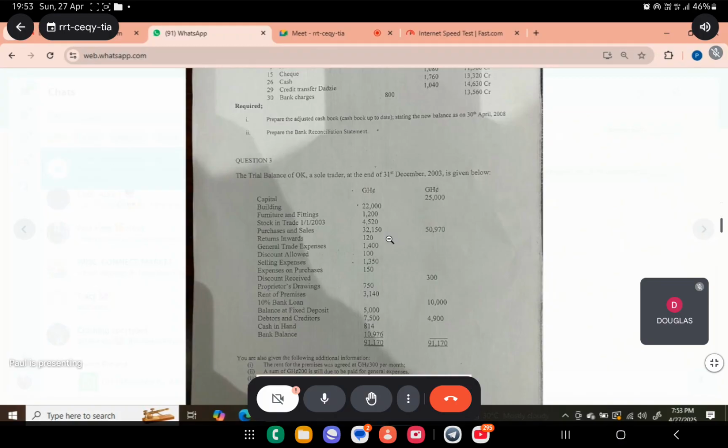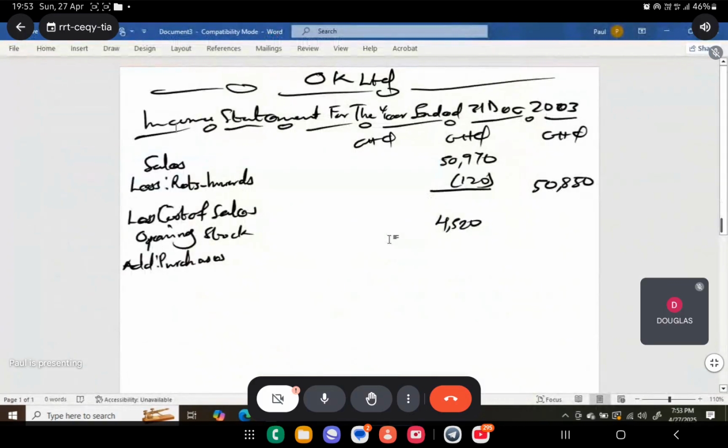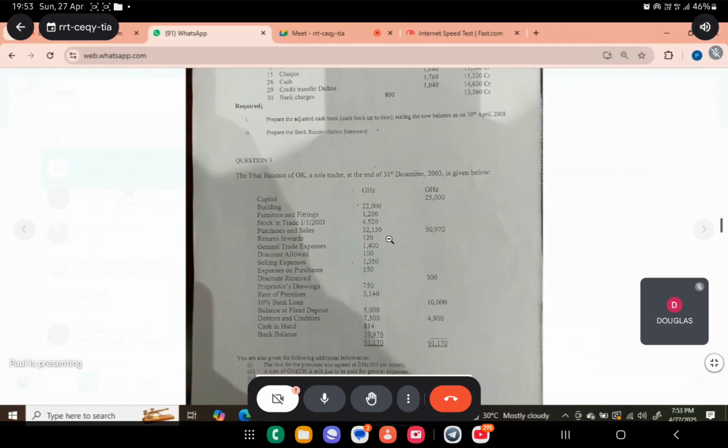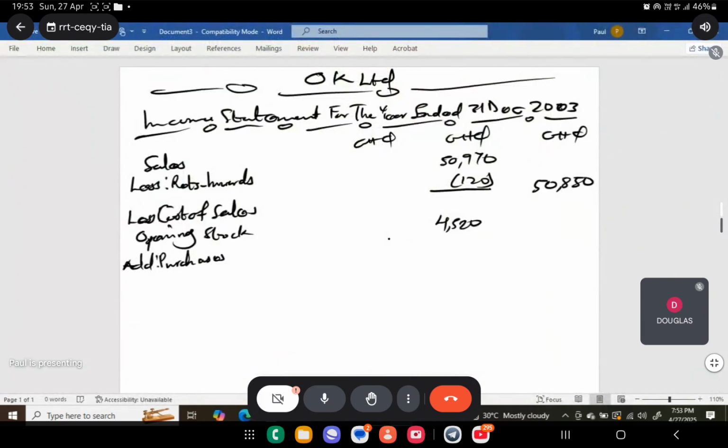Do you understand? So we bought 32,150. Let me do it this way so that you will understand. And I told you that if there is carriage inwards, that's the cost of moving the goods from the market to your warehouse, you have to add it.